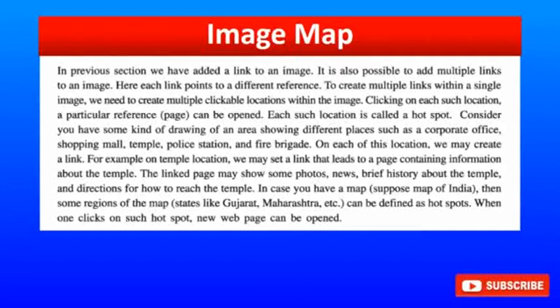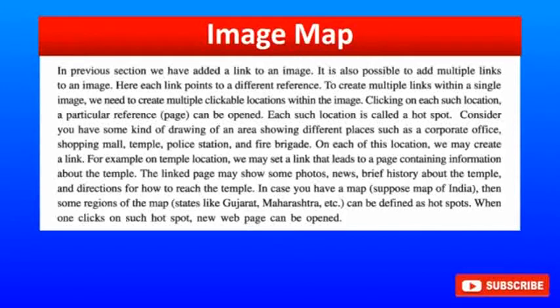To create multiple links within a single image, we need to create multiple clickable locations within the image. We have to specify to the browser that if this part of the image is clicked, then so and so web page is to be opened.